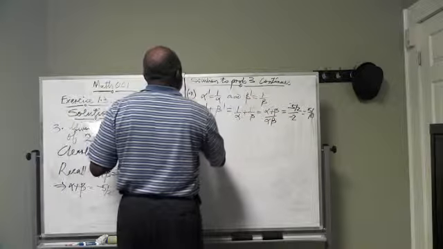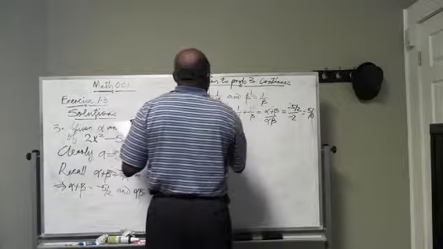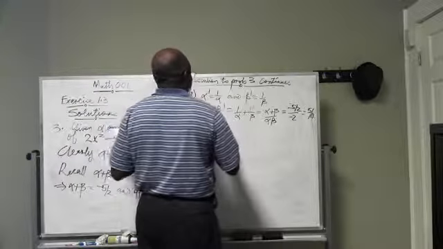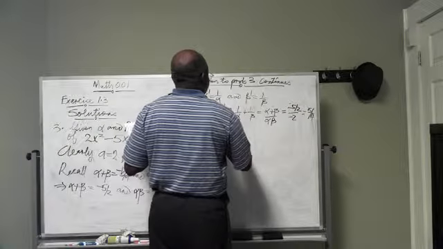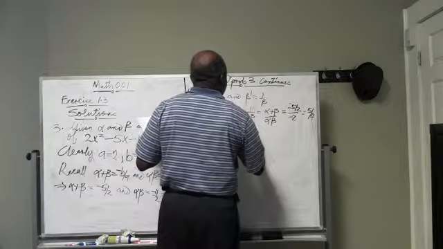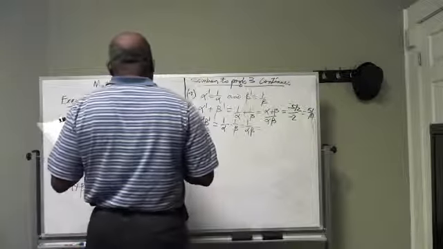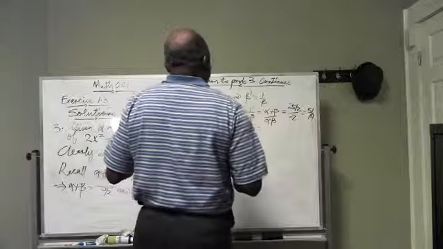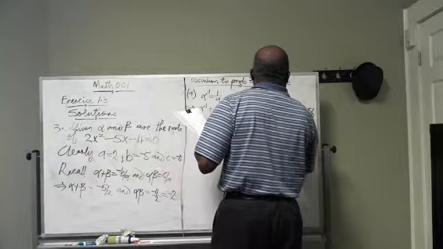Now alpha prime beta prime equals 1 over alpha times 1 over beta, which is equal to 1 over alpha beta. We know that alpha beta is equal to minus 2. So this yields minus 1 over 2.